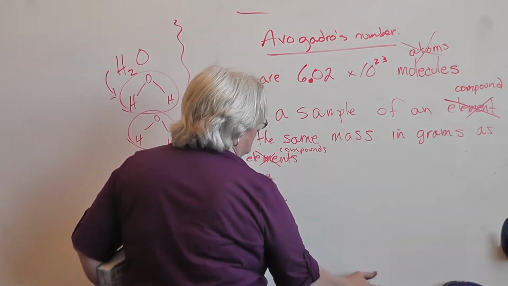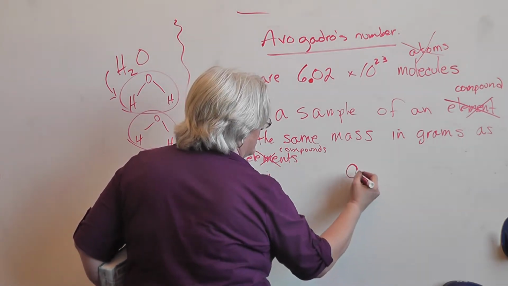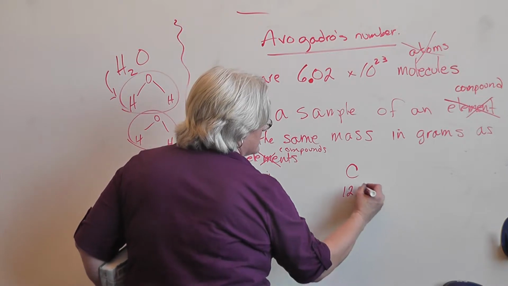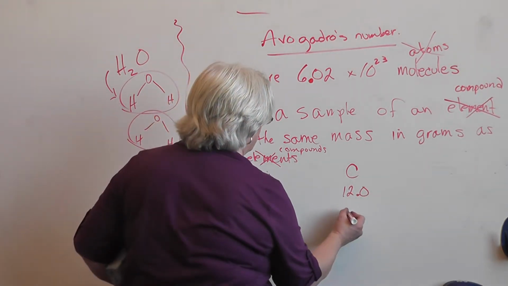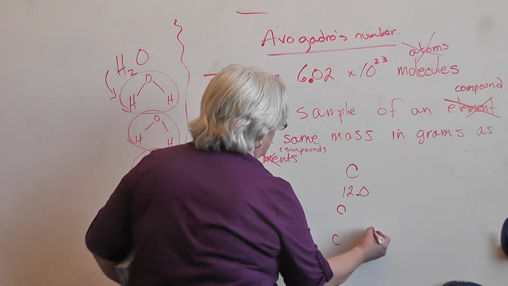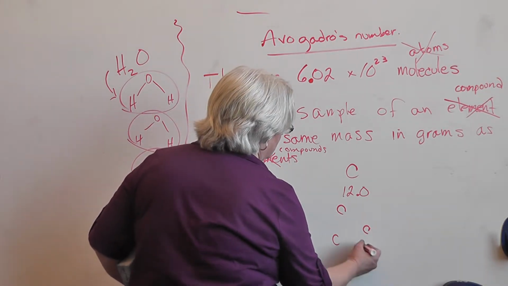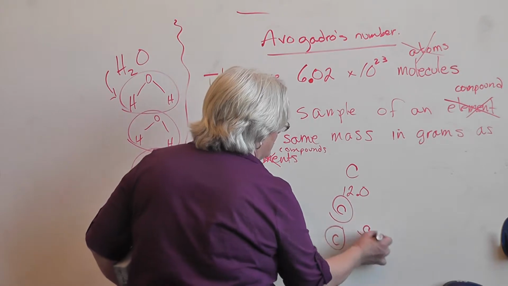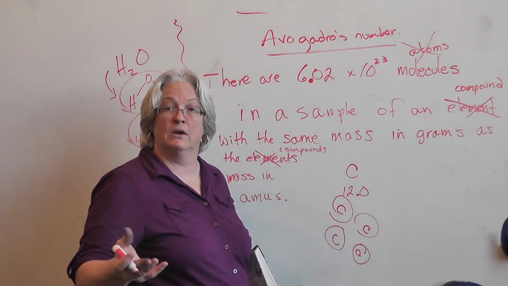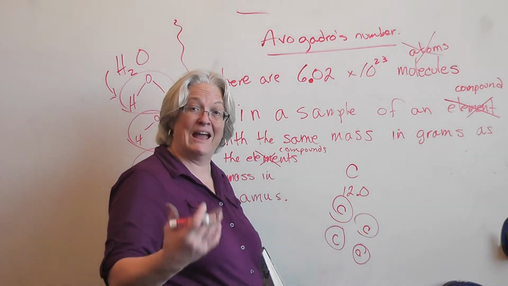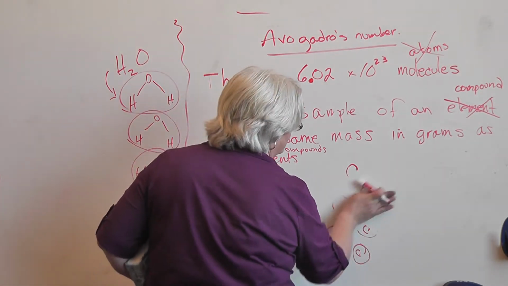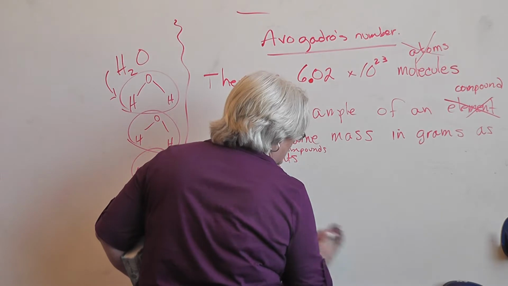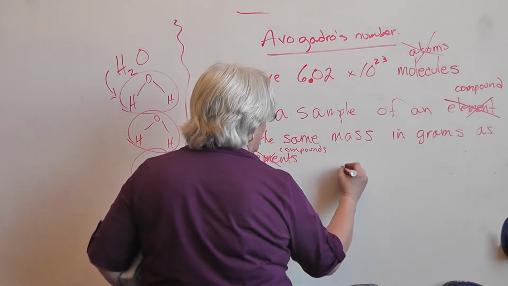You have carbon. Carbon has an atomic mass of 12.0, so you have all of these little carbon atoms floating around. And if you had 12.0 grams of carbon, that would contain Avogadro's number of atoms.